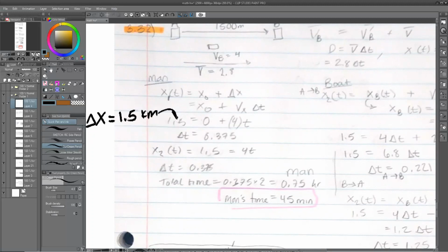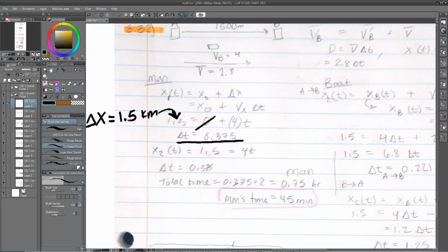So I plugged this in here. The x initial, you start from the origin, so it's just 0. And your velocity, the velocity that the man is using to walk, is 4 meters per second, and it's not affected by anything. So this is the straightforward equation.